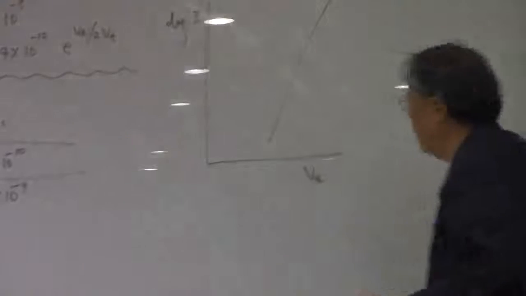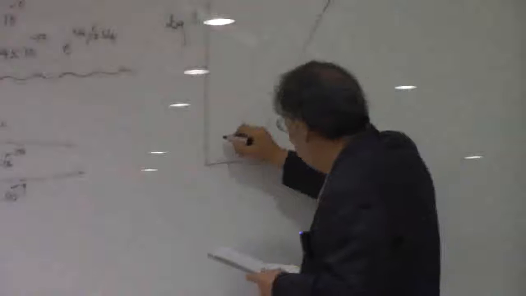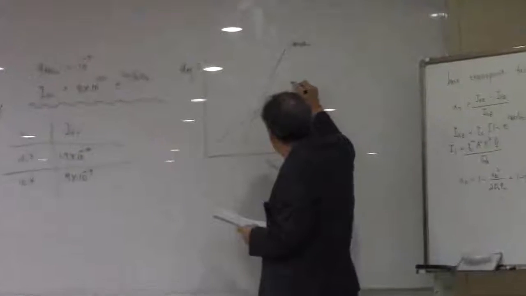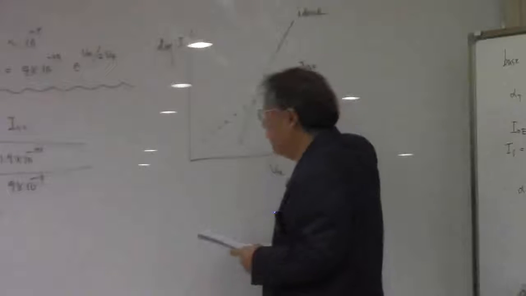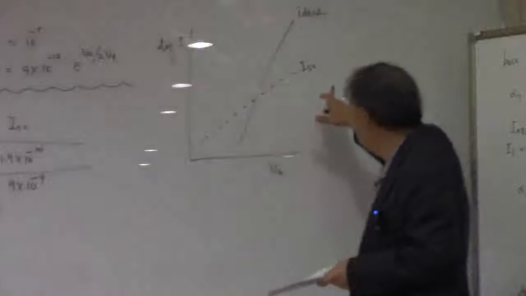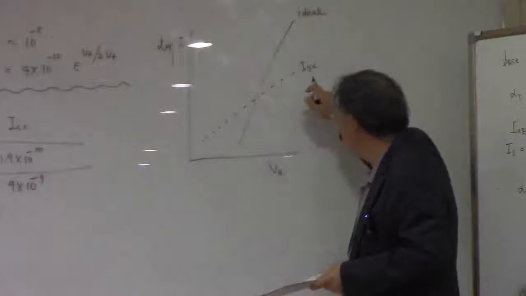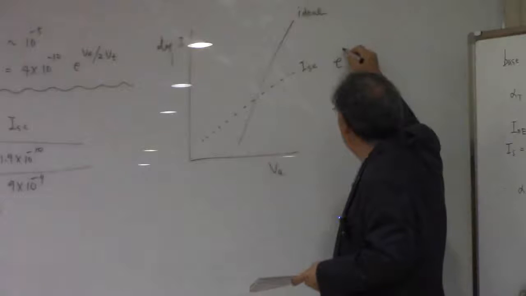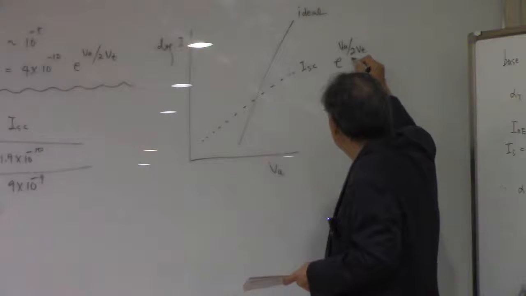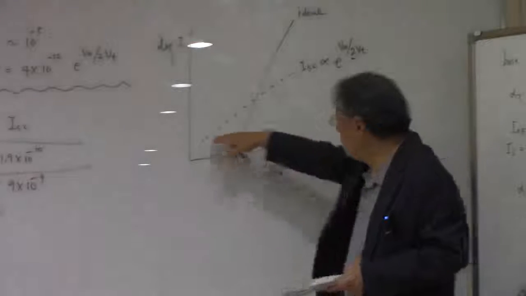But in reality, we have ISC, the space charge region recombination, which is the third part of the discussion. It goes like this because we have e to the VA over 2 VT, the factor 2 here, right?